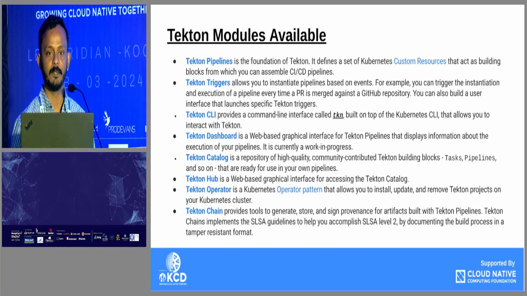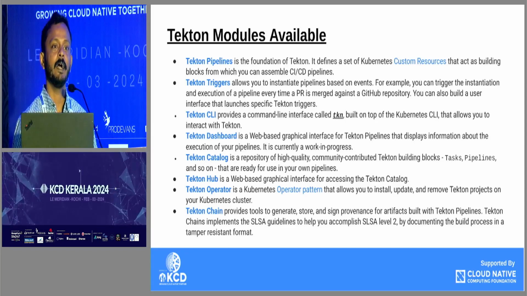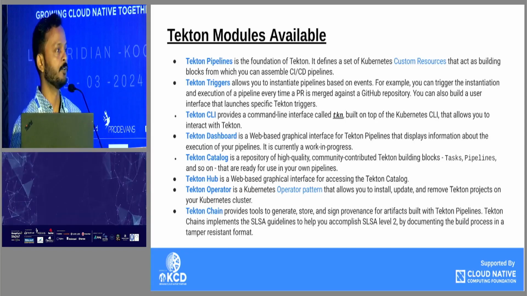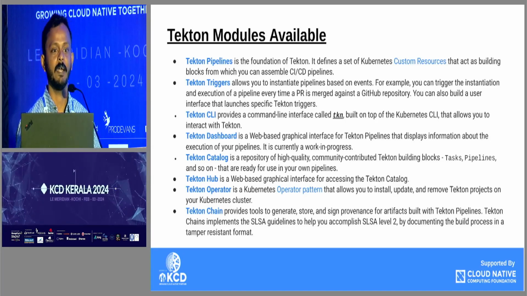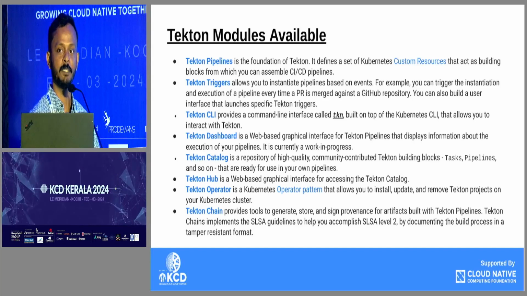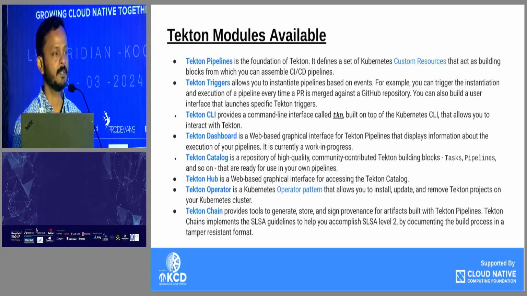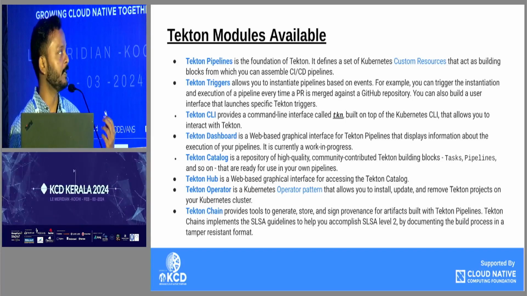Nowadays, most pipeline runs are automated, based on event-based automations. So there would be event listeners listening to different kinds of events, and whenever a specific event happens, it gets executed. So triggers are used for event-based execution.